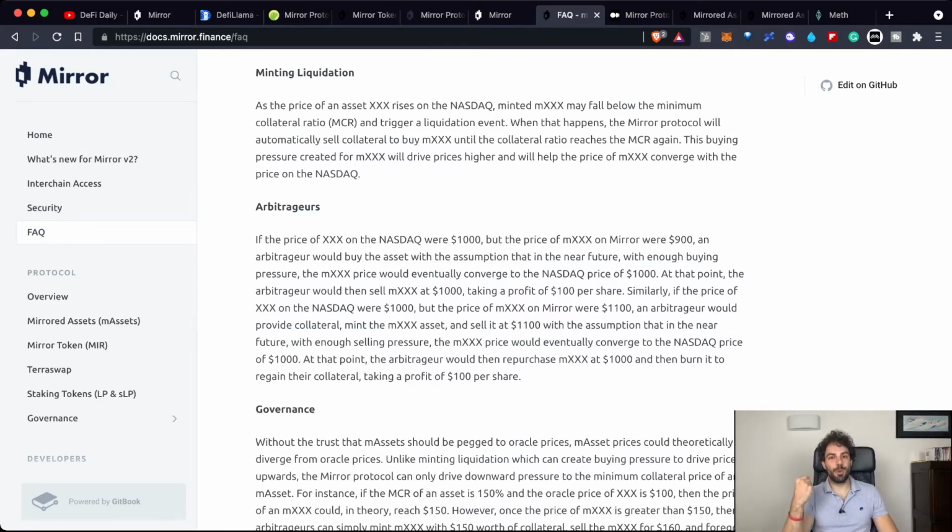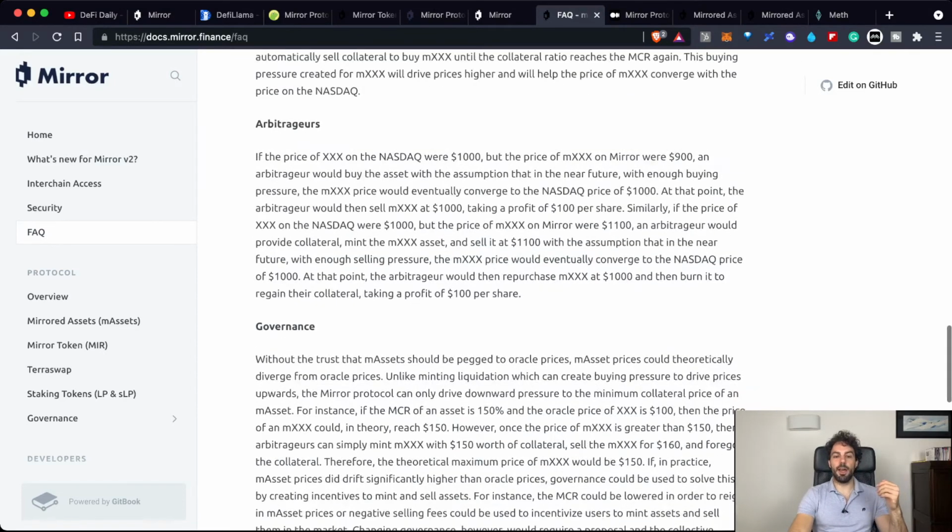This will create some buying pressure, because to liquidate your position, someone else will buy your M assets, and the price will tend to converge to the increased price of the real stocks.